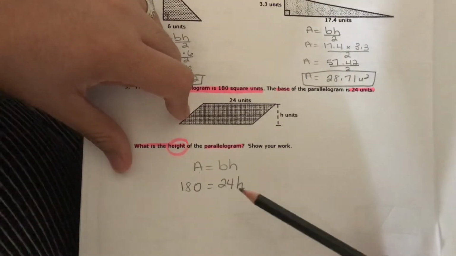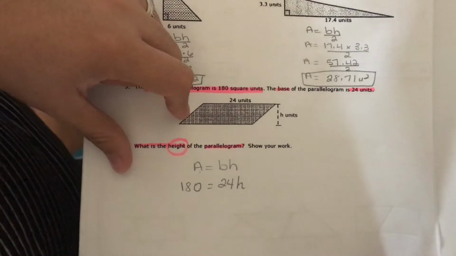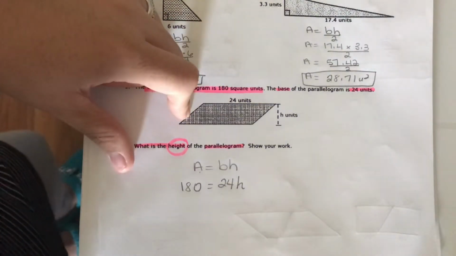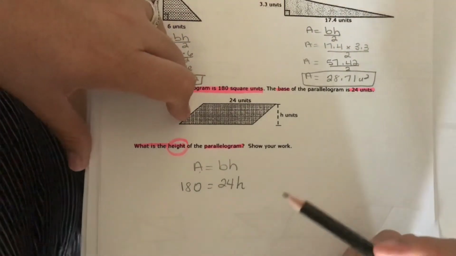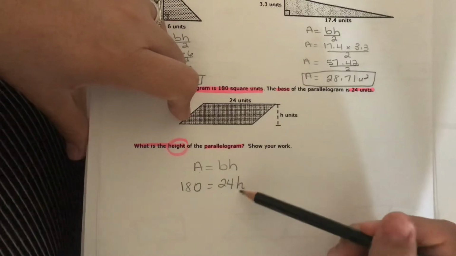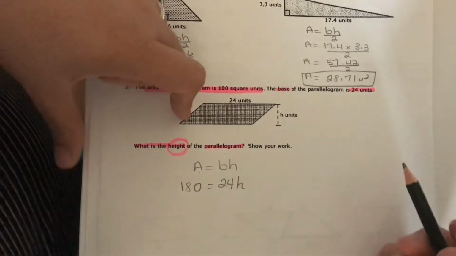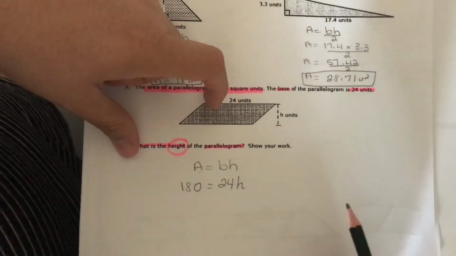So this is saying 24 times what number will give me 180. So you think, what? If you had multiple choice answers, you could just plug in your answer choices, multiply 24 by every answer choice, and see which one gave you the 180. But because we don't have that, you have to work backwards.